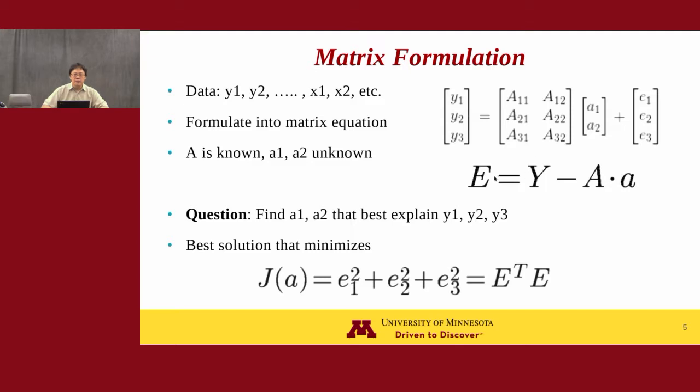And because the data point and the model do not correspond exactly, there will be some error, so you can add the error here, which is the difference between the data points and the model. And so in this formulation, the error, big E, the output, big Y, and the matrix A can be used to formulate the problem.